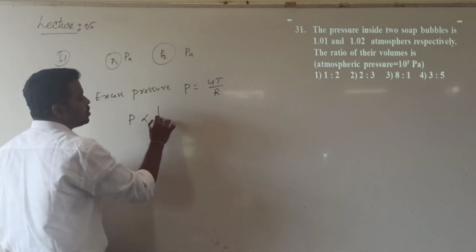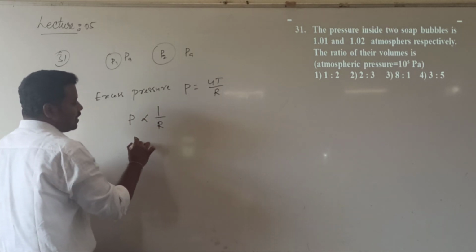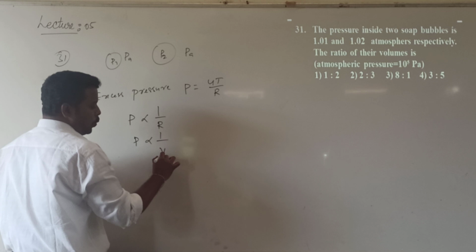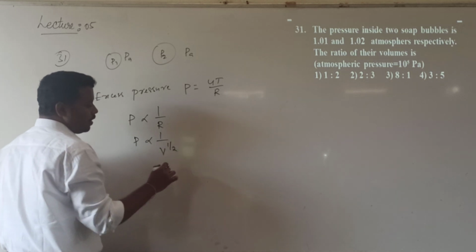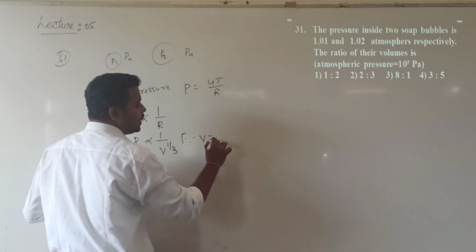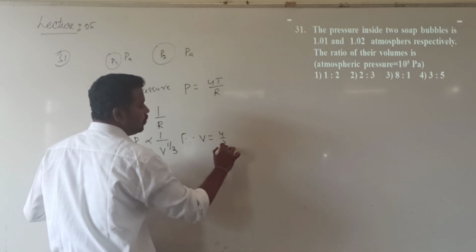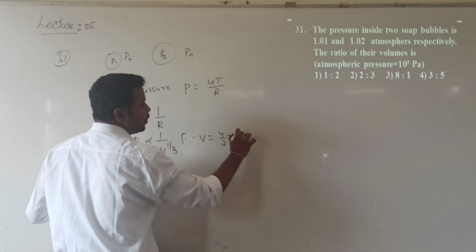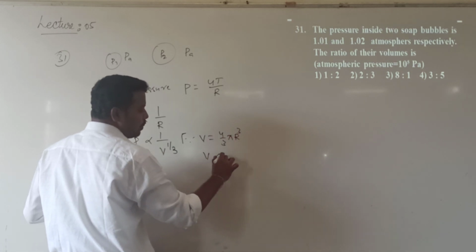Pressure is inversely proportional to R, and so inversely proportional to V power 1 by 3, since volume is 4 by 3 pi R cube, so volume is directly proportional to R cube.